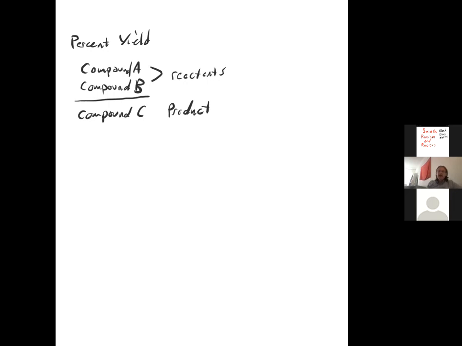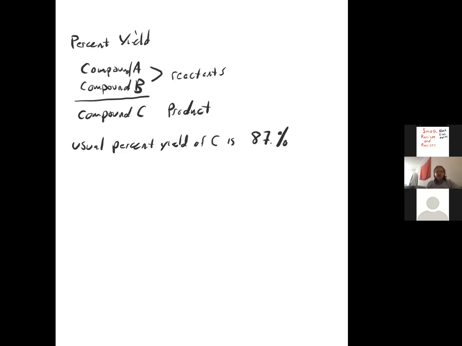Okay. And they tell you that the usual percent yield of C is 87%.